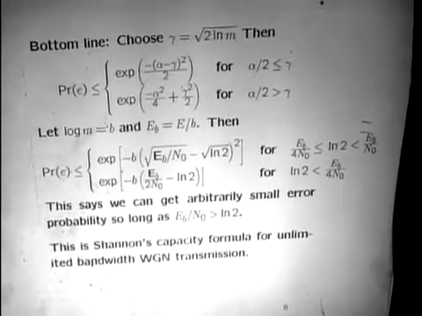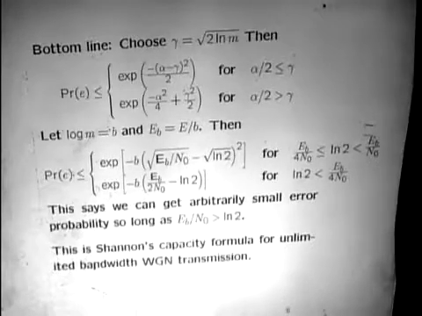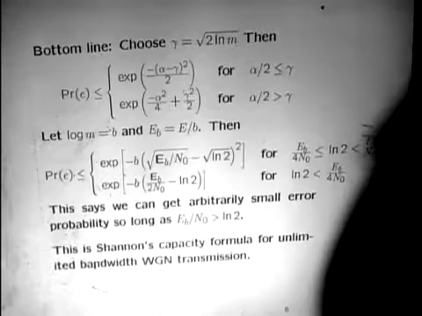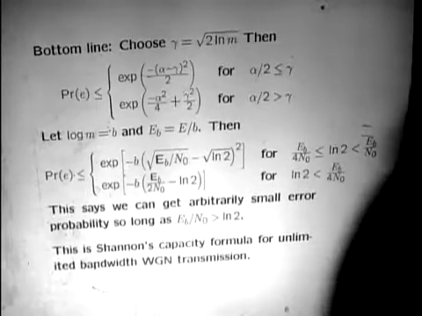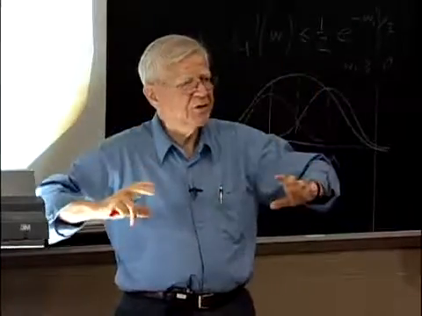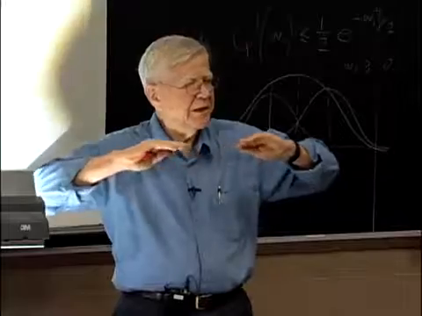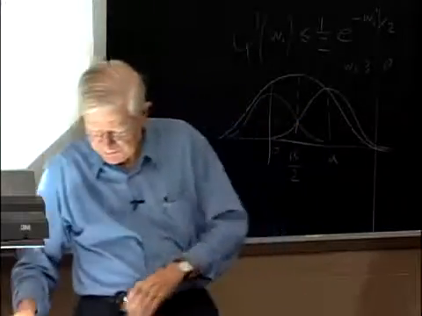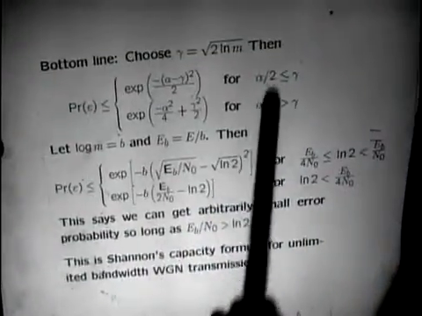But you now sort of see what's happening because you have a sum of two terms. We're trying to upper bound this. We don't much care about factors of 2 or factors of square root of 2 pi or anything. We're trying to look at when this goes to 0 as you make m bigger and bigger, and when it doesn't go to 0. So when we do this, the probability of error is going to be less than or equal to either of these two terms.